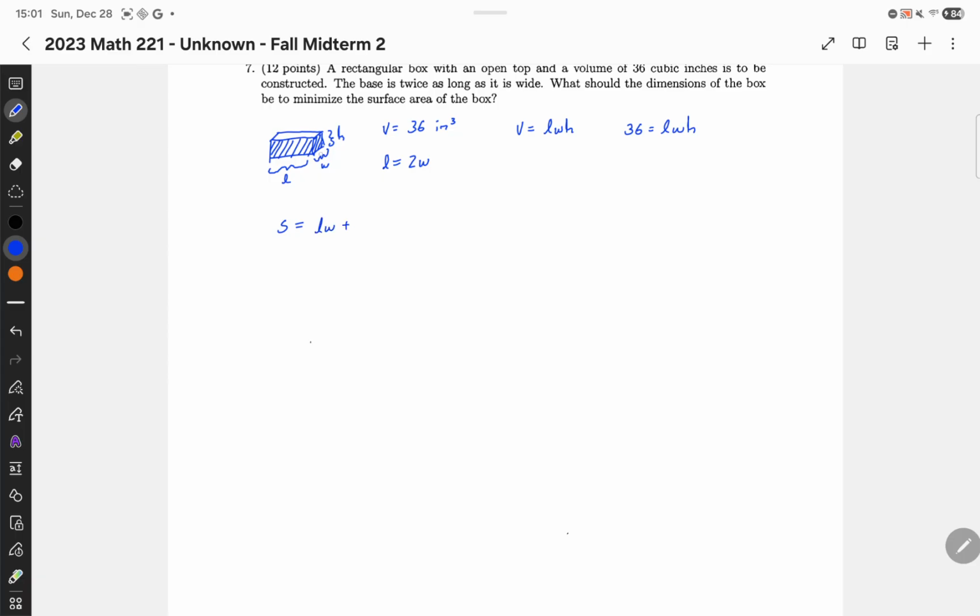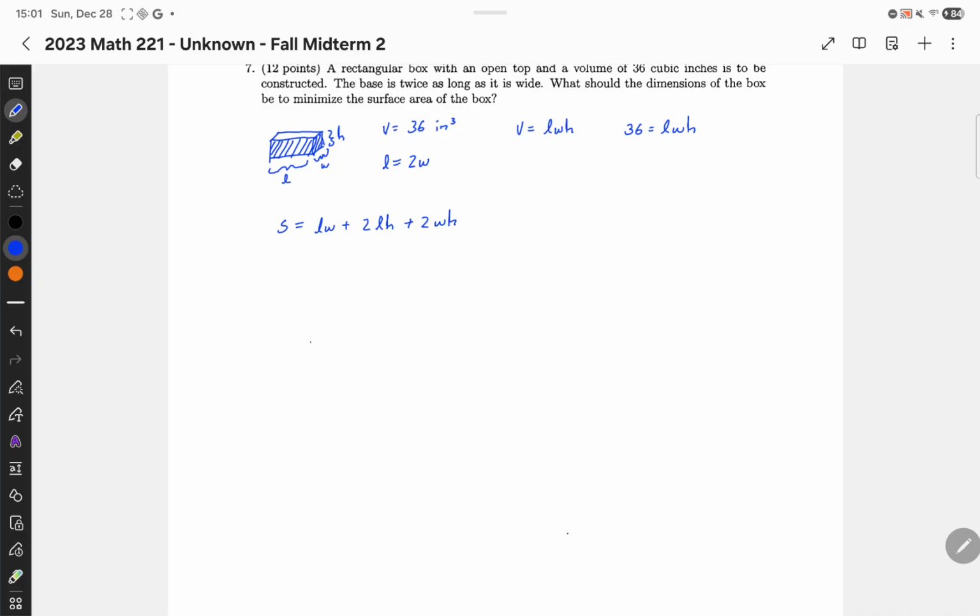And then we're going to need 2 of each of these sides. So let's say we have the length and height side. That's going to be 2 of those, that's this face that's shaded in the front. And then the face on the right side, we're going to have 1 on the right side, 1 on the left side. So there's going to be 2 sides with size width times height, just like that.